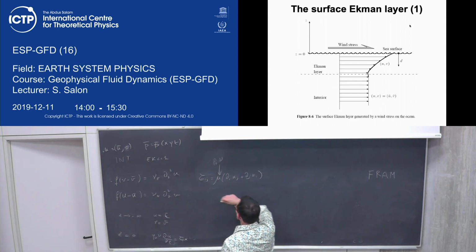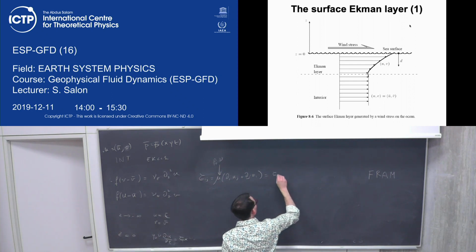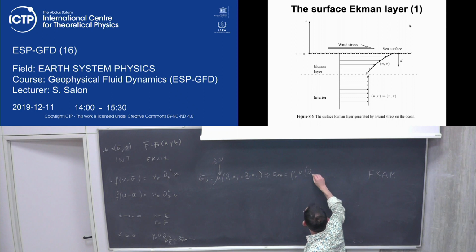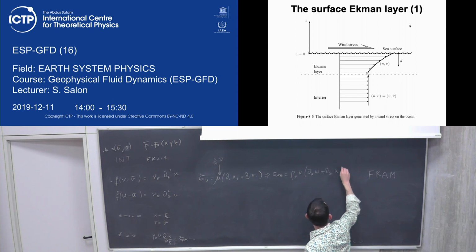And if we express tau xz, the stress over the x direction which transports the shear in the vertical, it will be rho 0 nu, times dx w plus dz u.